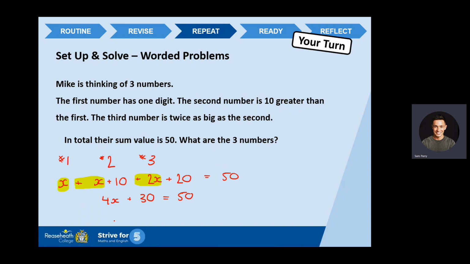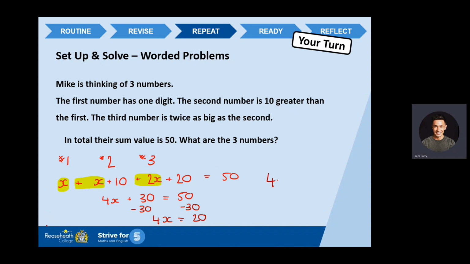I'm going to solve this by subtracting the 30. Take away 30 from both sides. There we go. So it's going to be 4x equals 20.